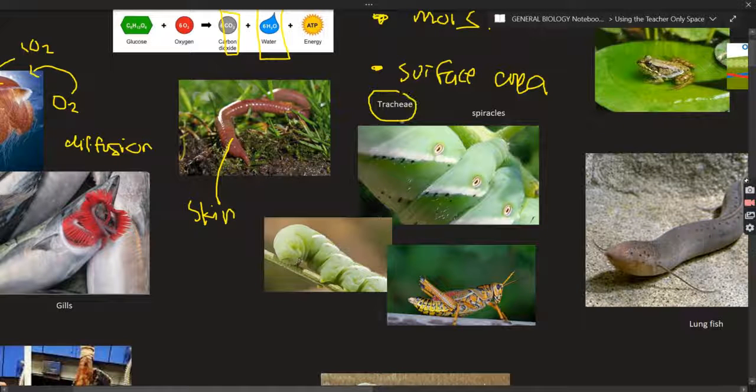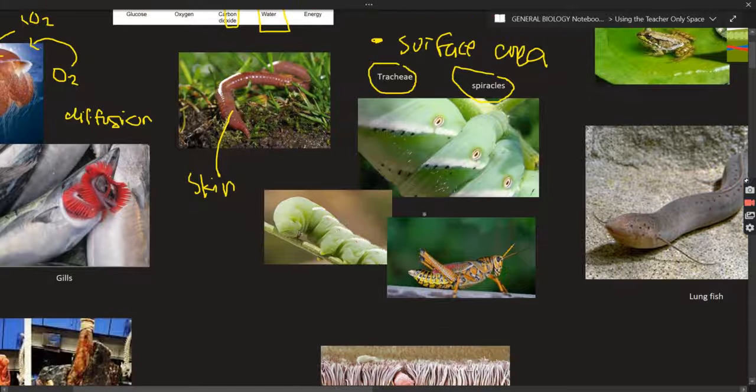Okay, so this one. So ano meaning trachea? So tracheae are just a series of tubes, and they all lead to the outer surface, which are the spiracles. Spiracles are just openings. So for example, if you look at insects or caterpillars, you can see that there are lots of holes.